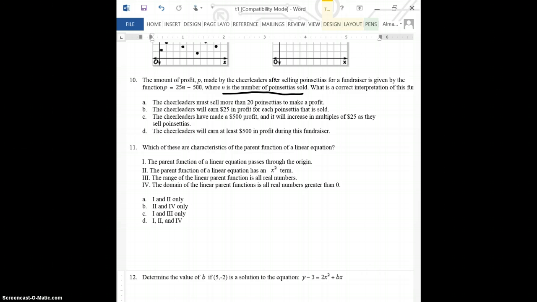So let's look through our answer choices. The cheerleaders must sell more than 20 poinsettias to make a profit. Well, I know P stands for profit because that is what my problem told me.